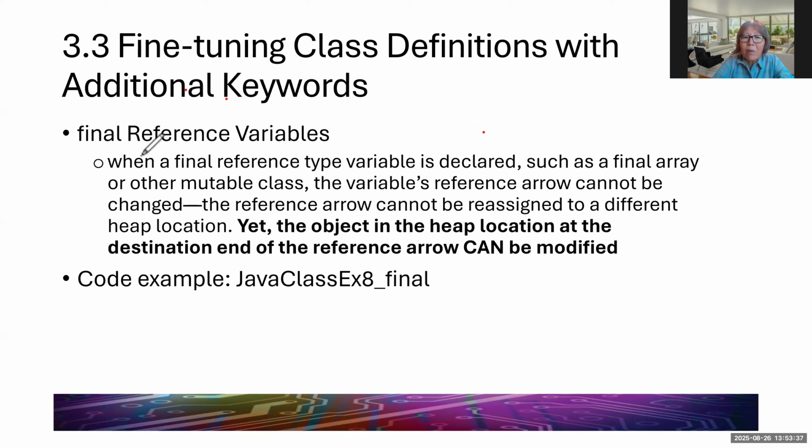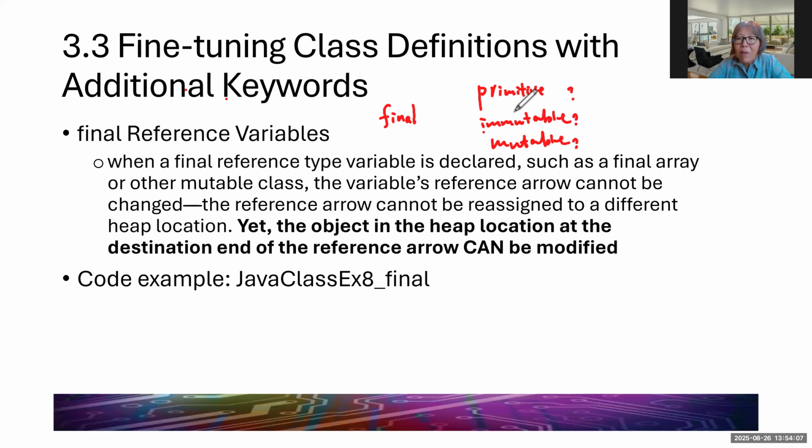And for the final keyword, we also have the difference between primitive data types, immutable, or mutable. So what will be the cases?